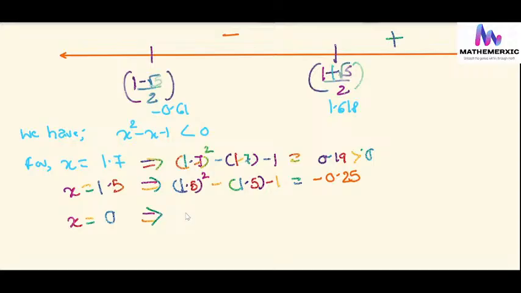So for 1.5 we're getting negative 0.25, and lesser than this, at 0.618 it was negative, so this part is negative. Lesser than this, let's say we take negative 1, obviously it will be different.